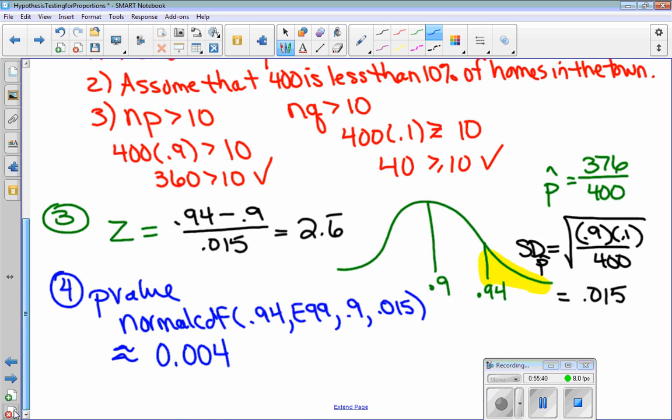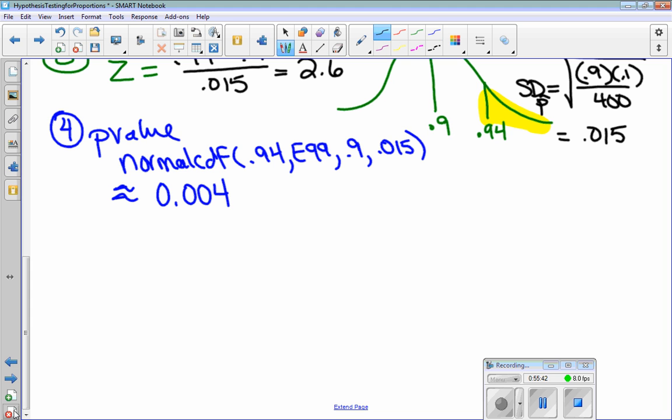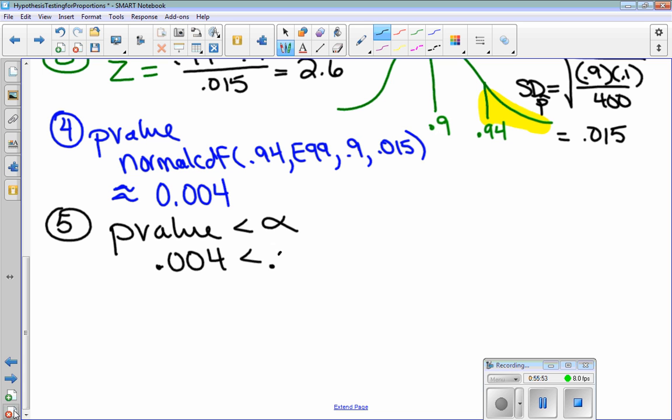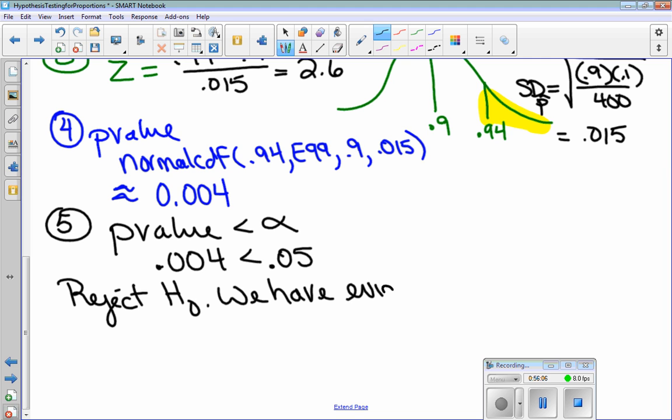So that's what we're going to say. For step 5, because our p-value was less than our alpha, in other words, 0.004 was less than 0.05, we can reject the null, and we have evidence to say that.